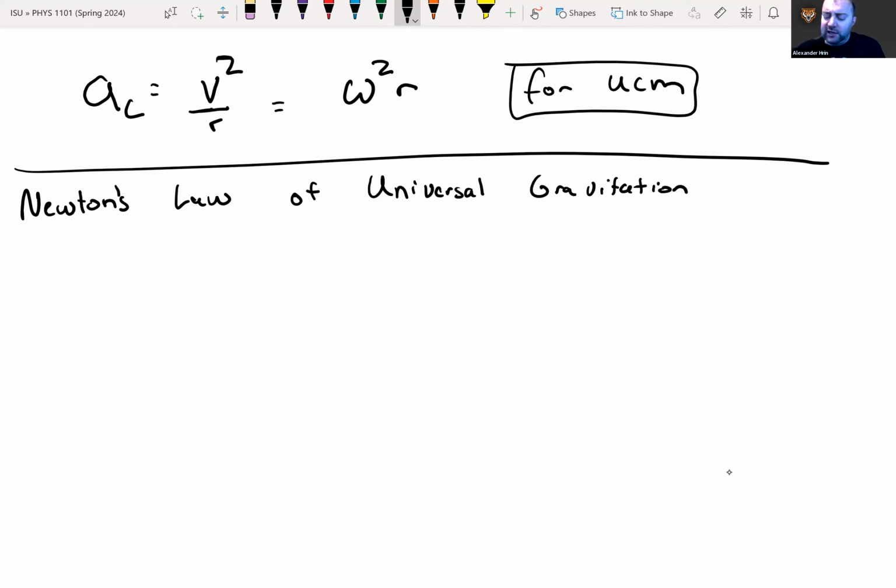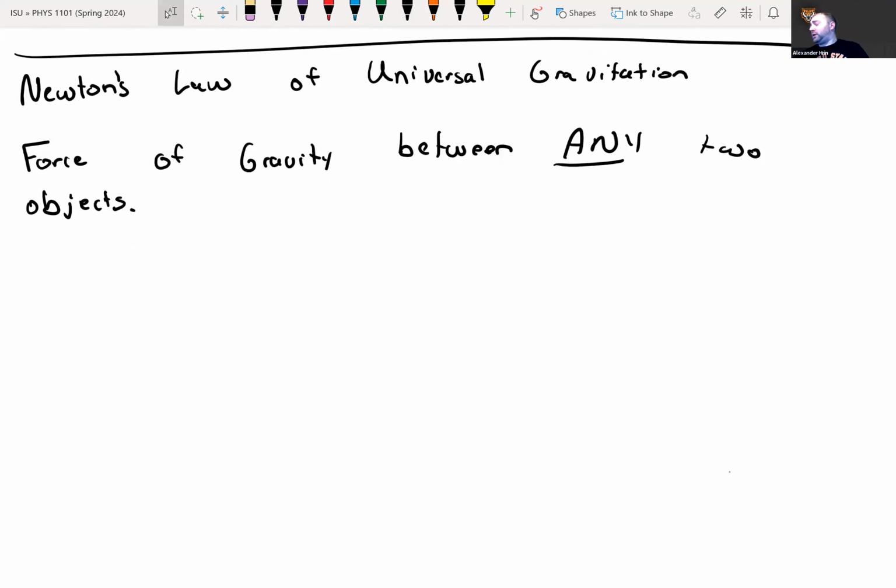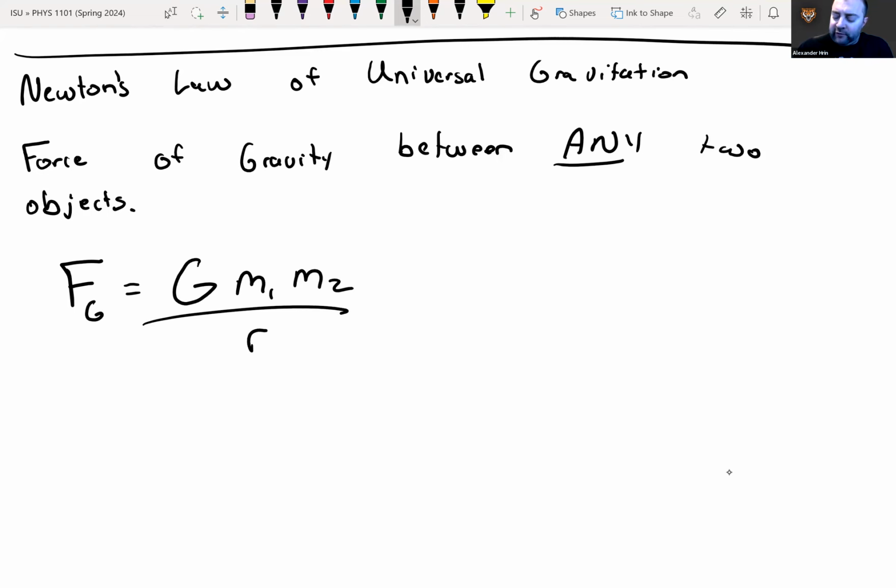Okay. And basically what this is, it's a formula for the force of gravity between any two objects. All right. Now, the formula you get, and we talked about this, I believe back in the first week, is capital G, M1, M2 over R squared.